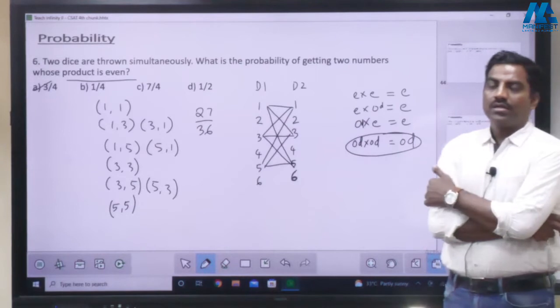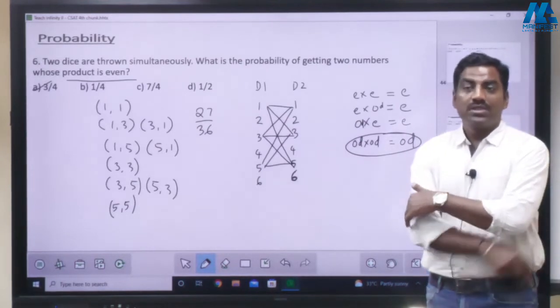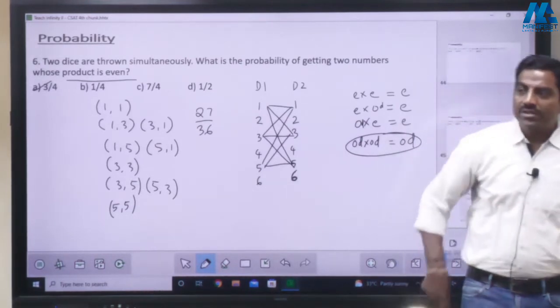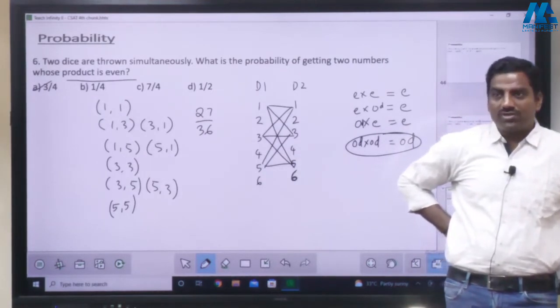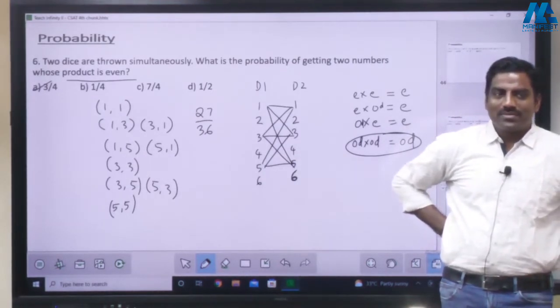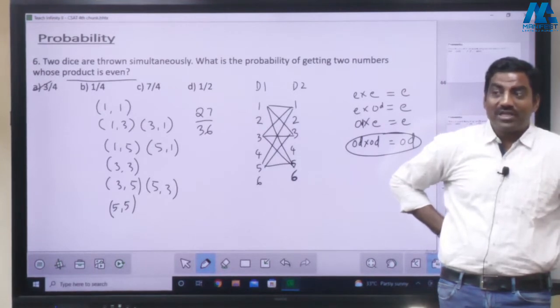Done. So it is not just about the sum. It can be about the product also. Yes, it can be about the difference also. Getting my point? Can you imagine?